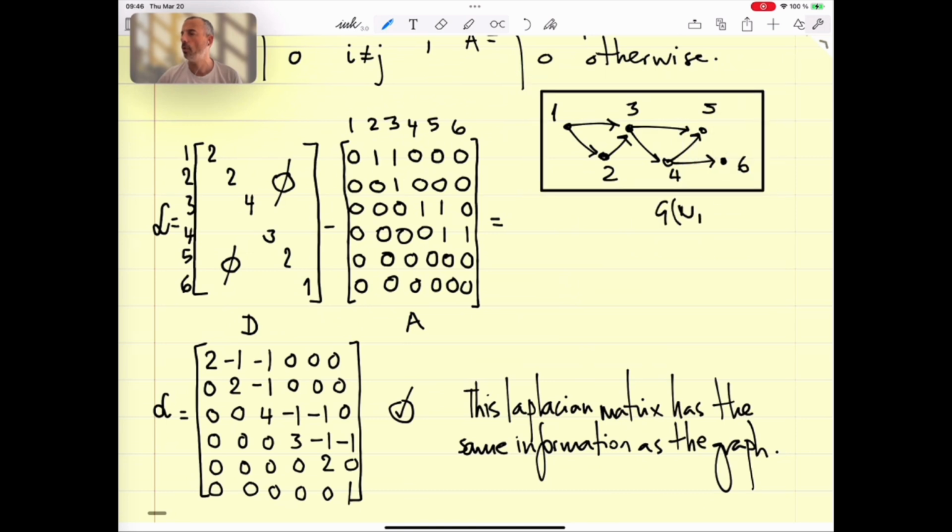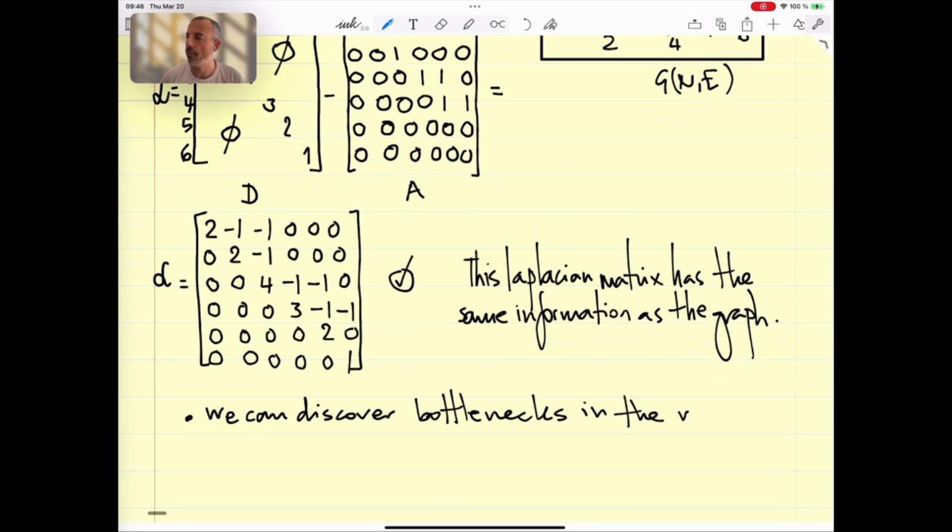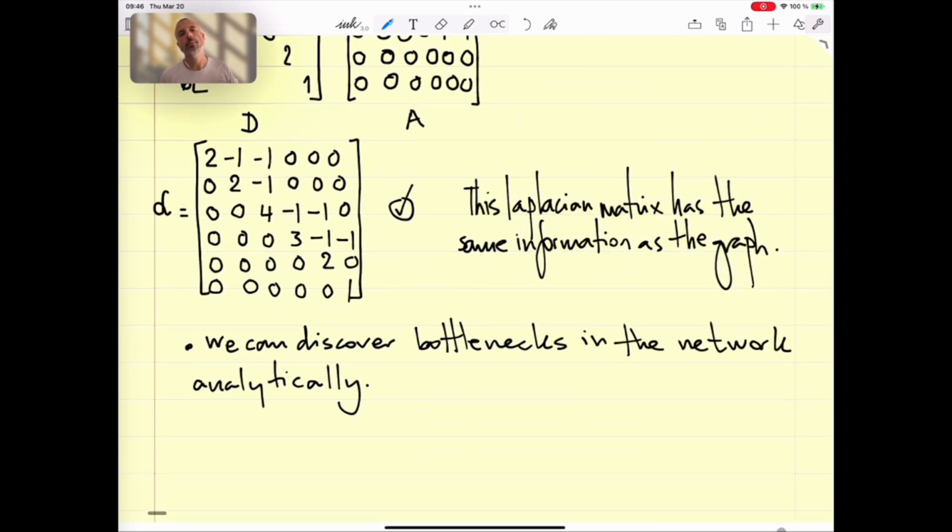The graph, nodes and edges, has the same information as the Laplacian, but the Laplacian is Euclidean, so we can do stuff with it. The first thing we can do is we can discover bottlenecks in the network analytically. Okay?